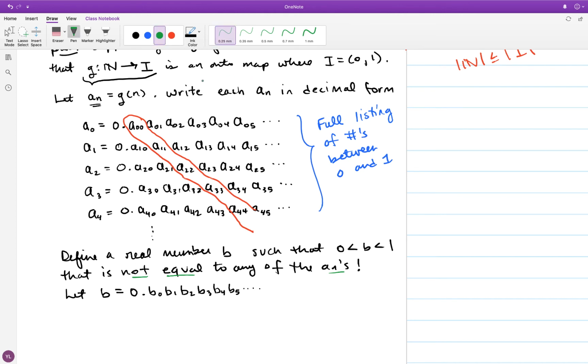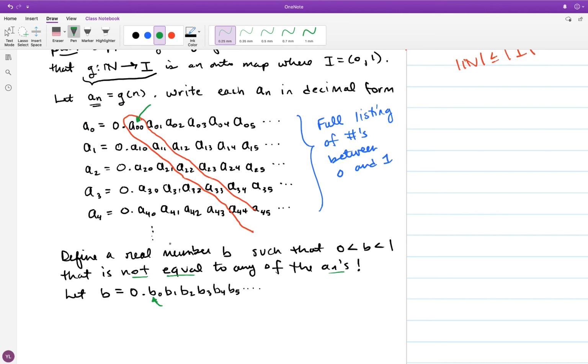So for example, if I take a look at a00, that's some number between 0 and 9, right? Why don't I just define b0, the first decimal place of this number b that I'm defining, to be something different than a00? So like if a0, the number starts with 0.1, then I'm going to start my b number with 0.2, right?